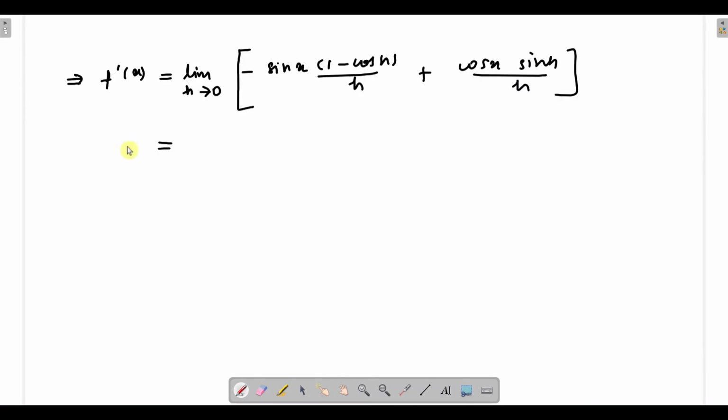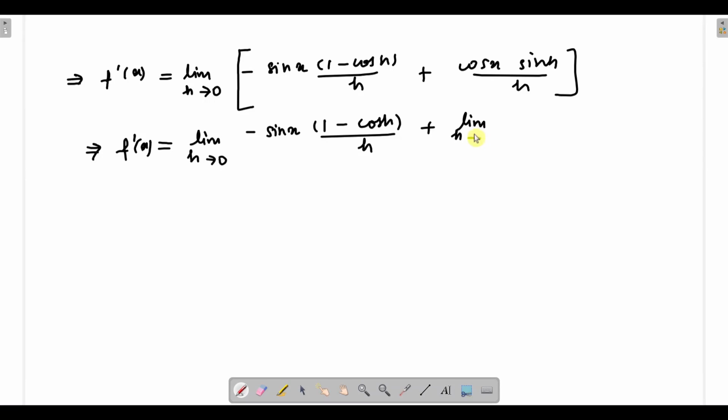So f prime of x will be what? Limit h tends to 0. Now we can split it to both the terms. So limit h tends to 0 of minus sin x multiplied by 1 minus cos h divided by h, plus limit h tends to 0 of cos x sin h divided by h, right?